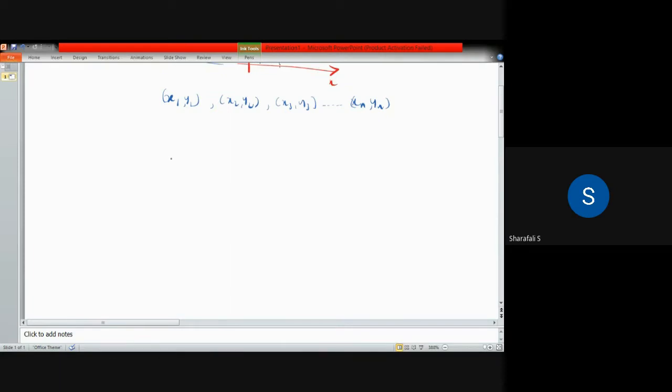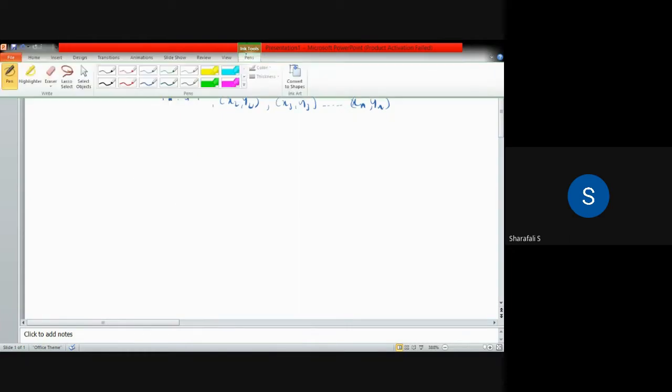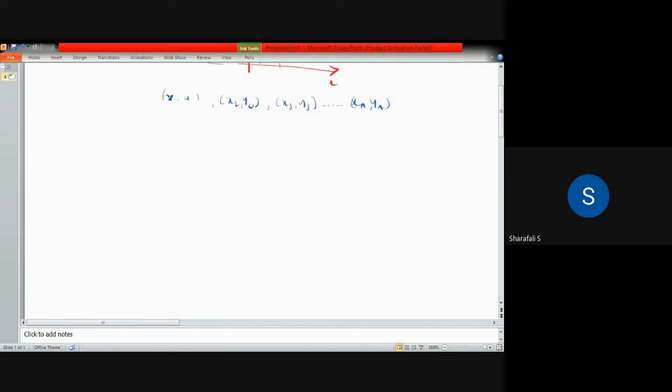Let us consider all these data points in an xy plane.